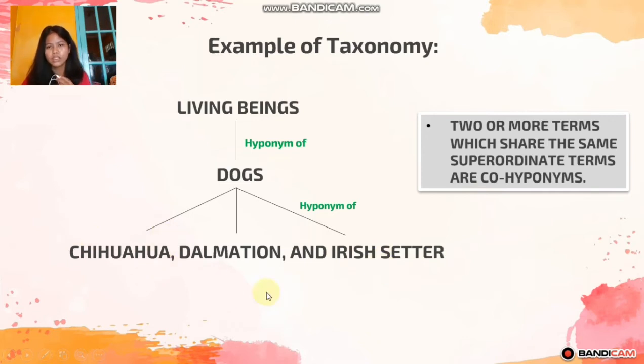These words, Chihuahua, Dalmatian, and Irish Setter, are hyponyms of dog. And dog is a hypernym or superordinate of Chihuahua. Dog is a hyponym of living beings. Two or more terms which share the same superordinate term are called co-hyponyms.